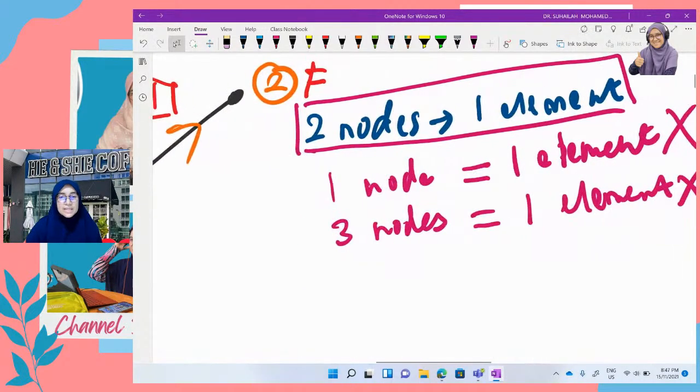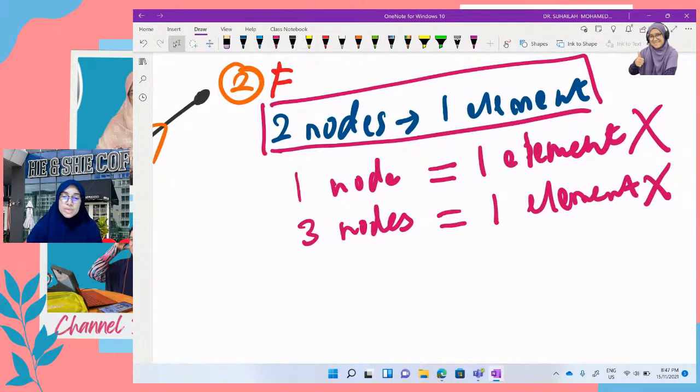Okay, this is the thing that you need to understand before we start with the analysis of indeterminate structures, indeterminate truss using the stiffness method. For the analysis, I will be dividing it into two parts.